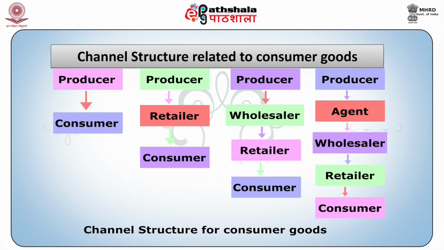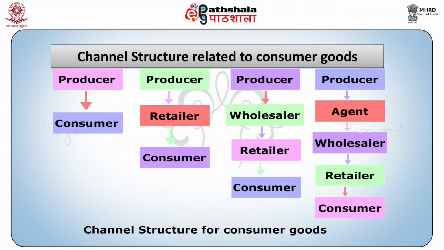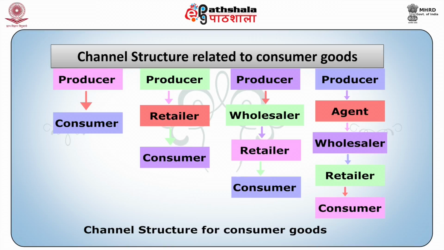Small manufacturing organizations and small kirana stores do not have sufficient resources to provide a wide variety of goods to consumers scattered all over the globe, and they also don't have the means to buy goods directly from the manufacturer.